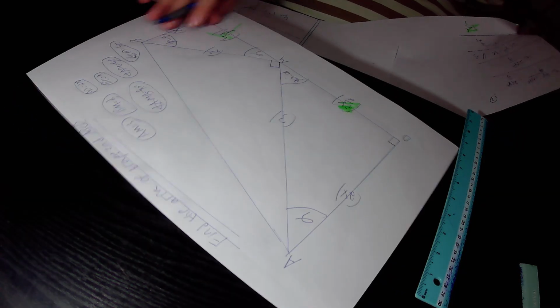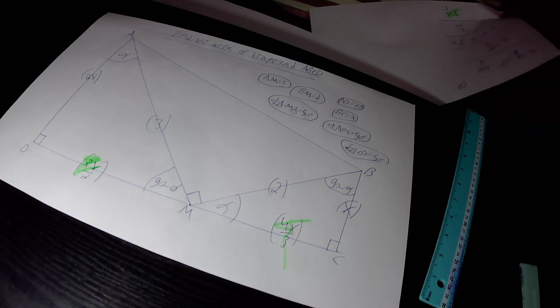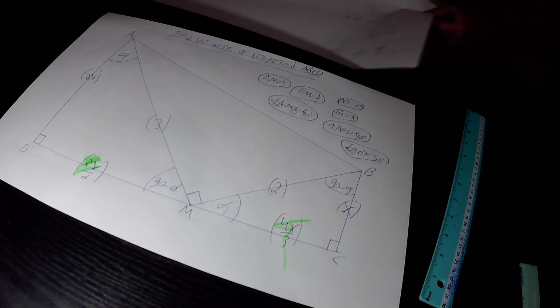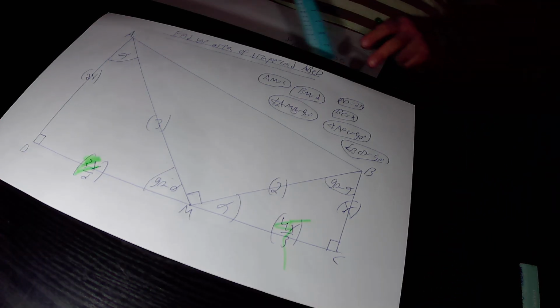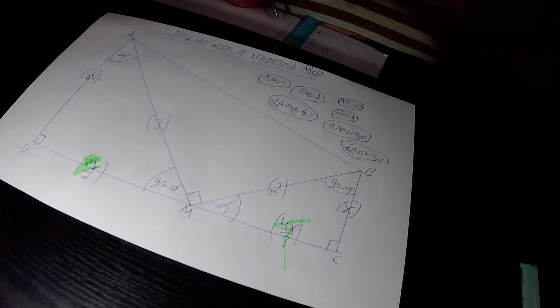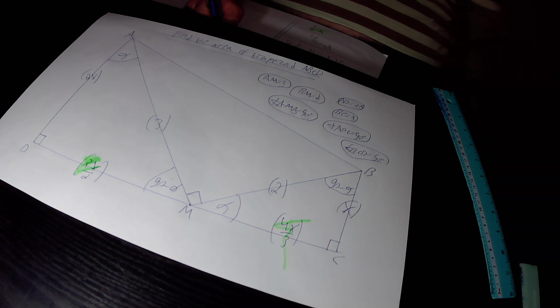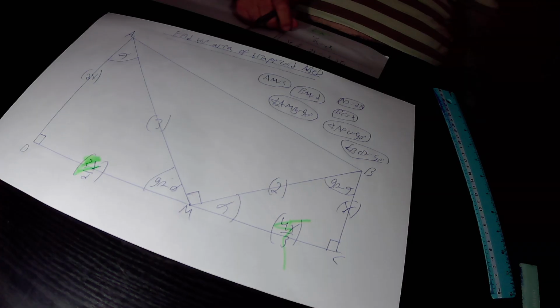Our mission is to find the area of this trapezoid ABCD. According to the formula that I presented at the beginning of the lecture, the area of trapezoid ABCD is equal to the sum of its two parallel bases times the height over 2.